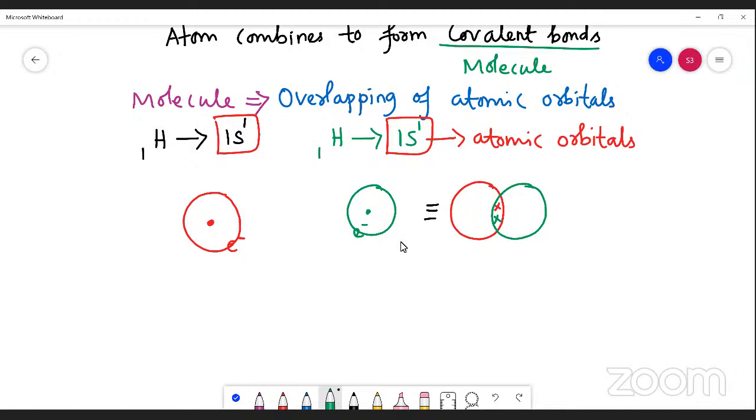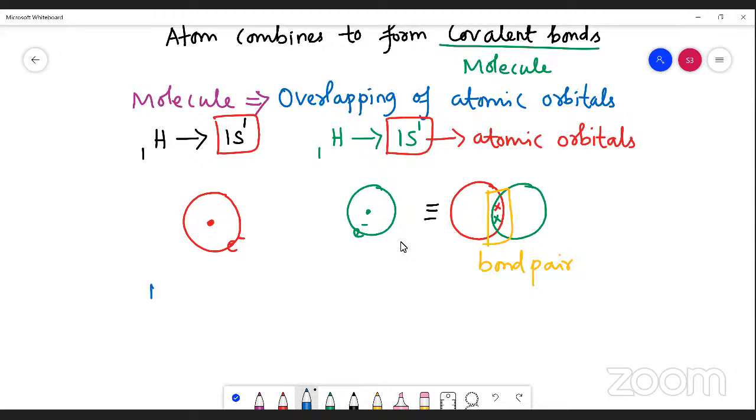In that molecular orbital, where are the electrons present? These two electrons are called a bond pair. Okay, the bond pair of electrons will occupy only the overlapped region of the orbital.